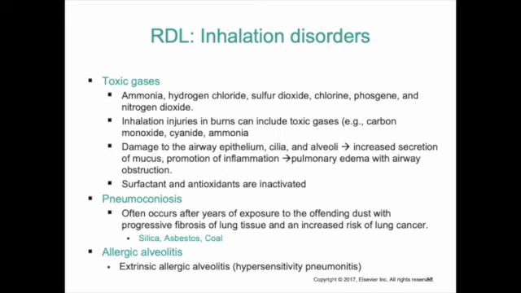There's also cellular effects that we need to think about as well. This can happen with toxic gases, but it can also happen with polluted air in addition. So just go back and think about what are those cellular changes that can happen because of the environment.